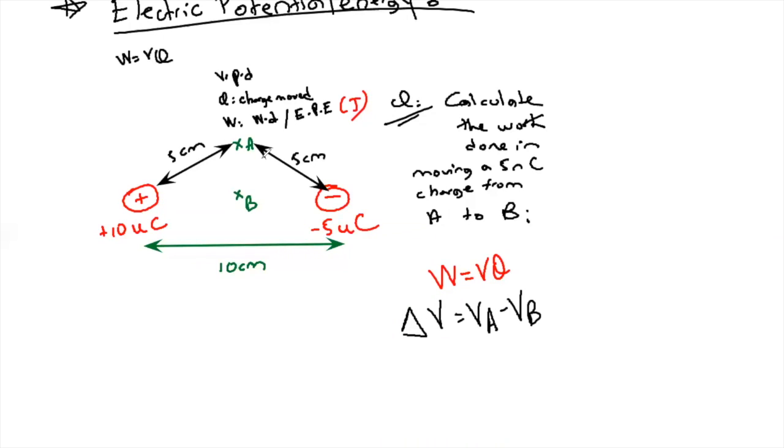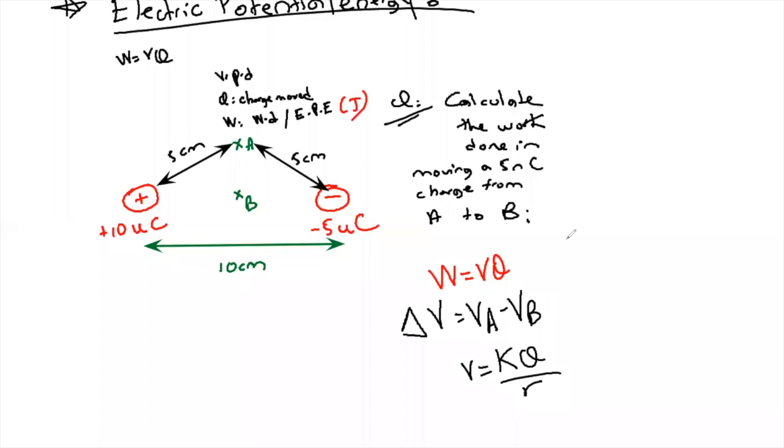All right, can anyone tell me what potential they got at A? What was your potential at A, guys? You would probably have found it like this: V is equal to KQ divided by R. Plug in the values and you would have the potential at A. Was anyone able to find the potential at A?